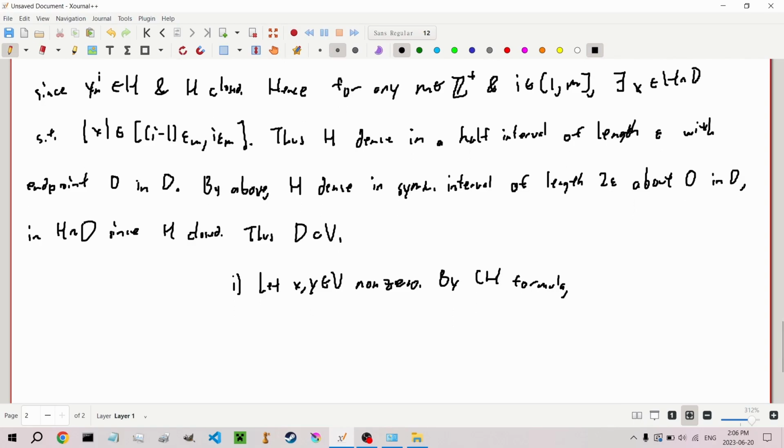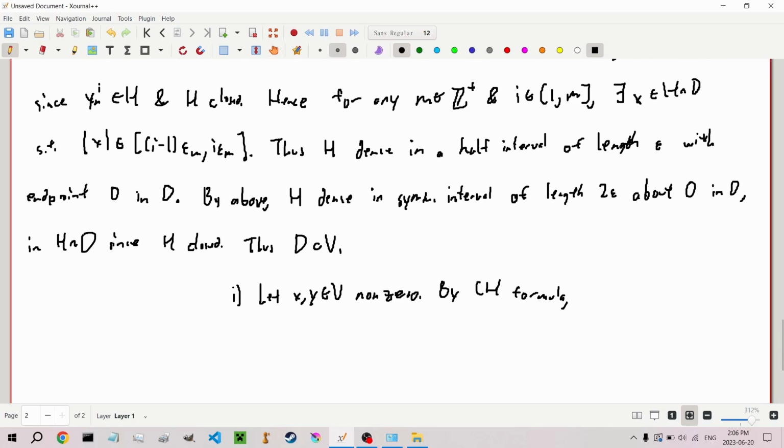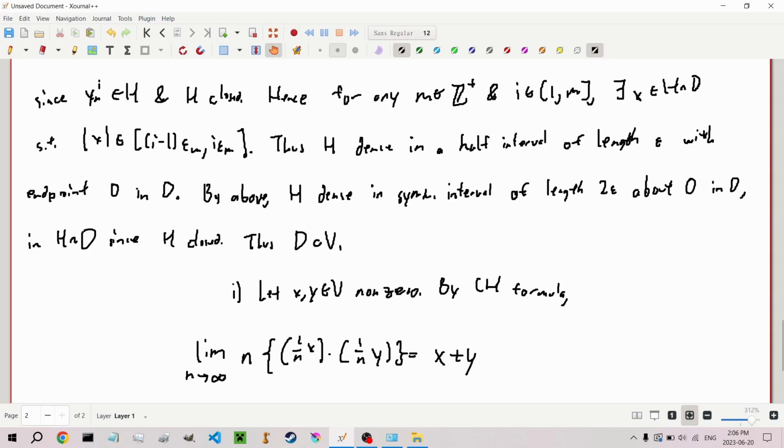We can write the limit as n goes to infinity of (1/n x times 1/n y)^n is x plus y.